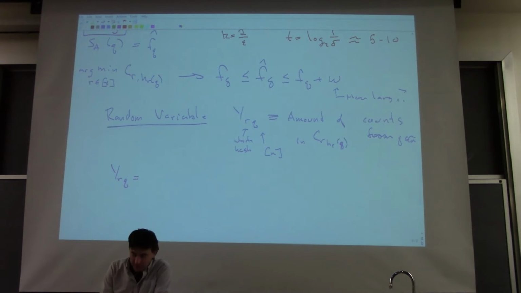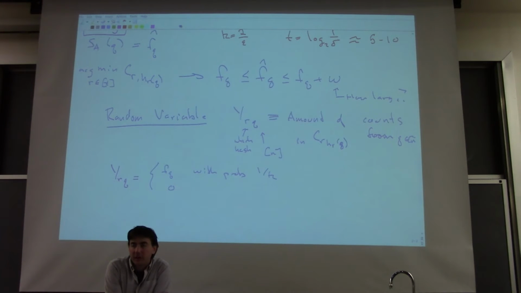If they go into this counter, it's either going to be the value f of q with probability 1 over k, or 0.